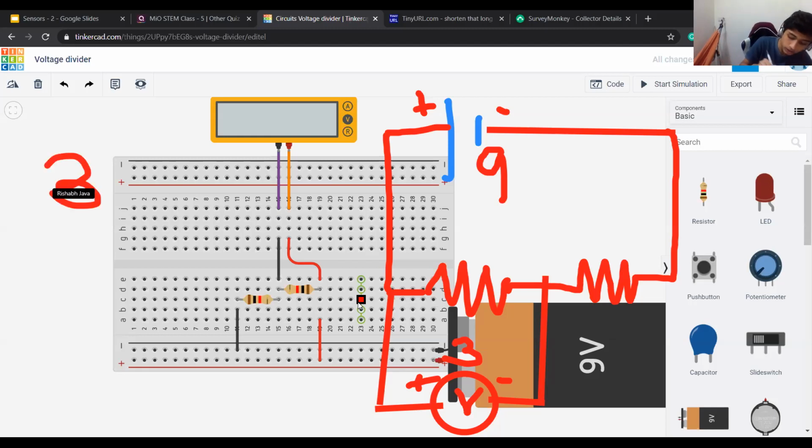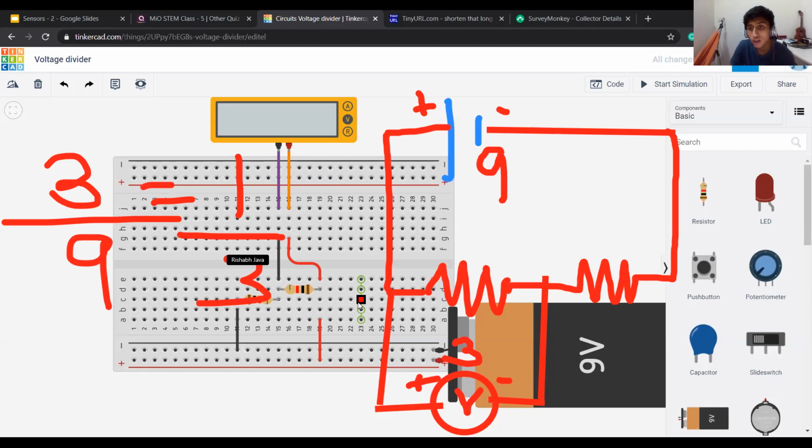So 3 volts by 9 volts means it is 1/3 of the whole, right? So the output voltage is one part out of 3 parts of the whole.